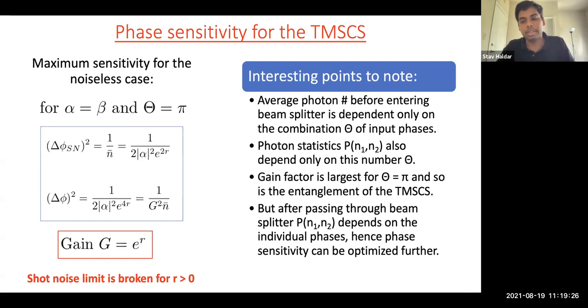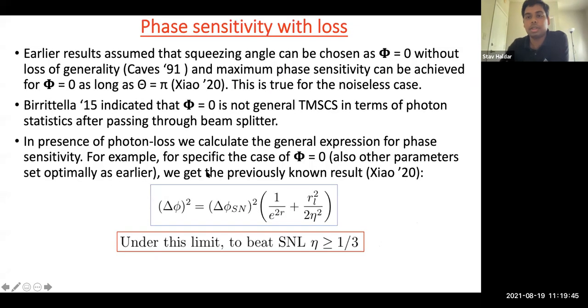Therefore, there is scope of optimizing this further and doing something better. But then the idea is that if you can already beat the shot noise limit, and if theta equal to pi is the best case scenario, then why bother with that? But we'll see that that's not the case when you add noise.